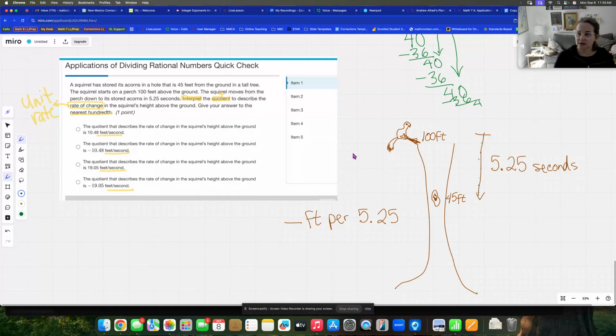Well, if I started at 100 and I ended at 45, I'm going to subtract to find the difference in his elevation, the change in elevation. How different is it from 100 feet to go down to 45 feet? 10 minus 5 is 5. 9 minus 4 is also 5. All right. So that journey was 55 feet.